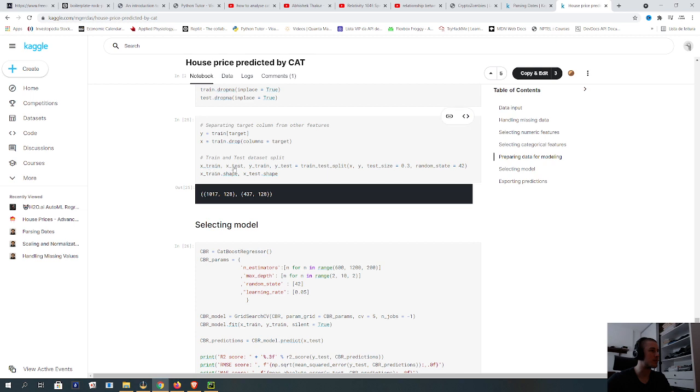Then he passes the test set, X train, X test, Y train, Y test. And here's the shape of the train and the test.